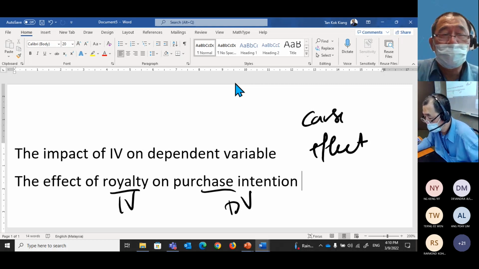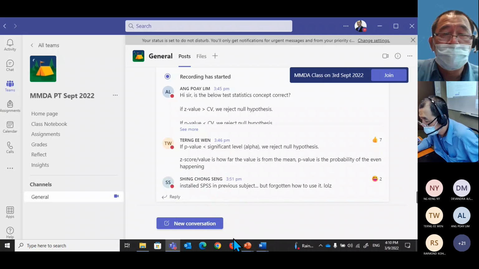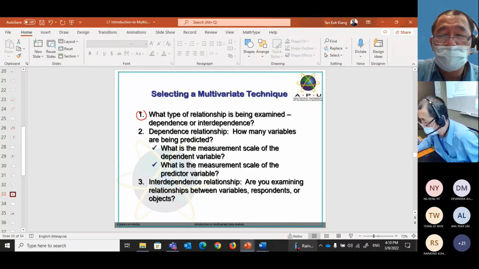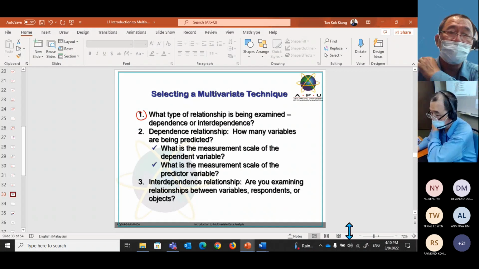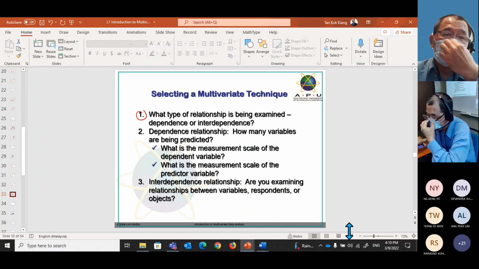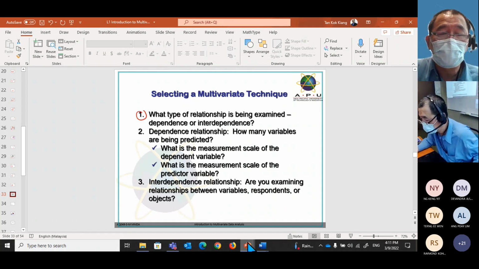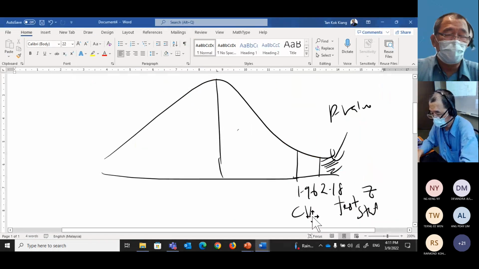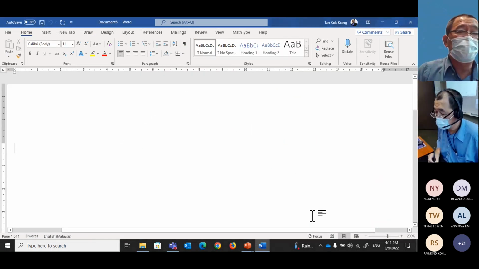If no question, we see next. For the interdependent, we see an example also. For factor analysis, we want to group items into a few factors.